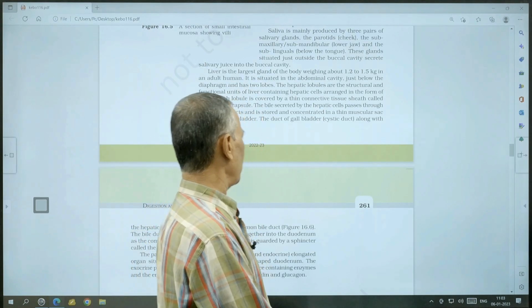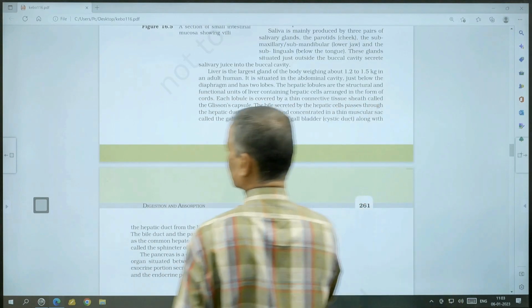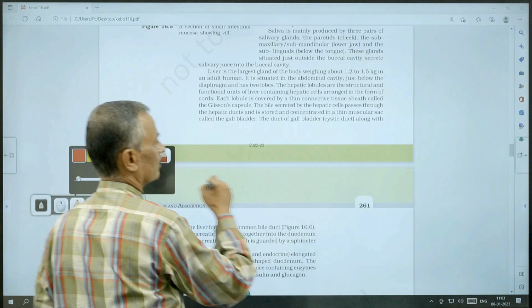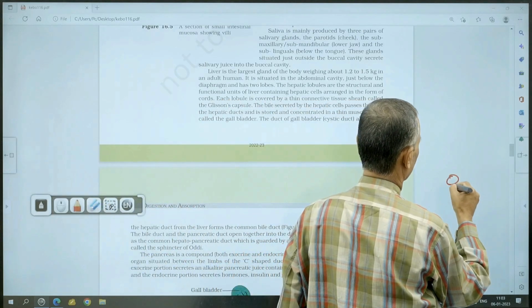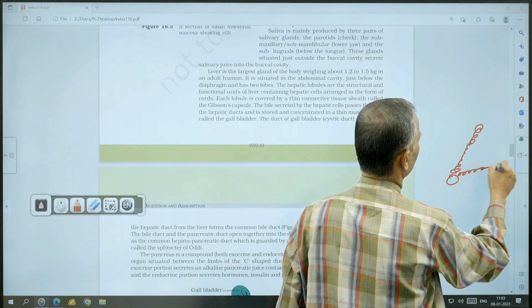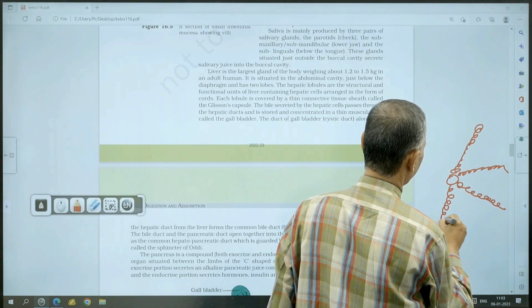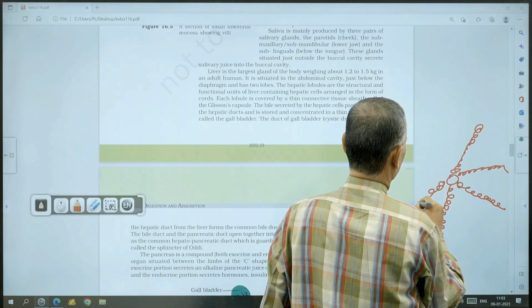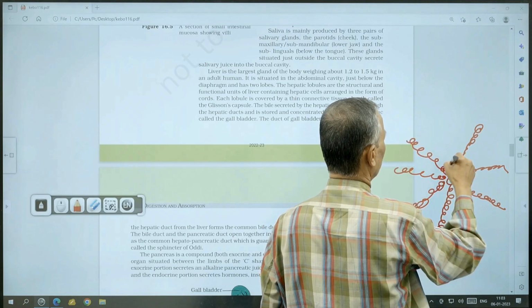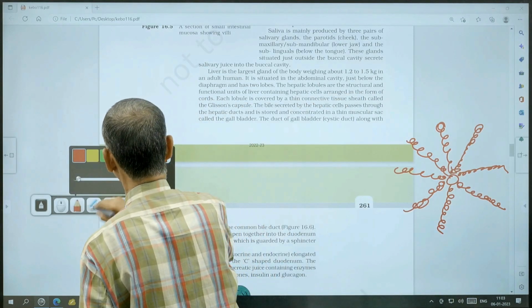In each hepatic lobule, you have the liver cells. The liver cells are arranged in cords. The cells are called hepatic cells. These hepatic cells are arranged in the form of strings, and they are all covered by a tough covering made up of connective tissue.